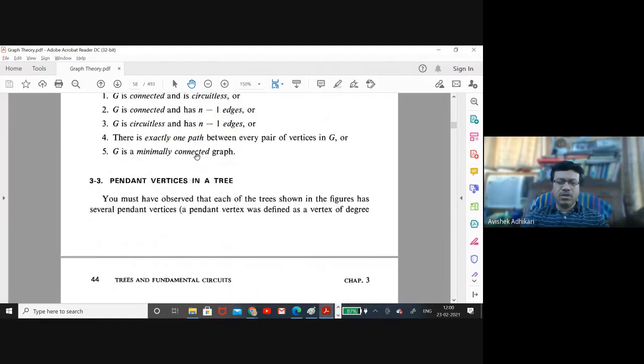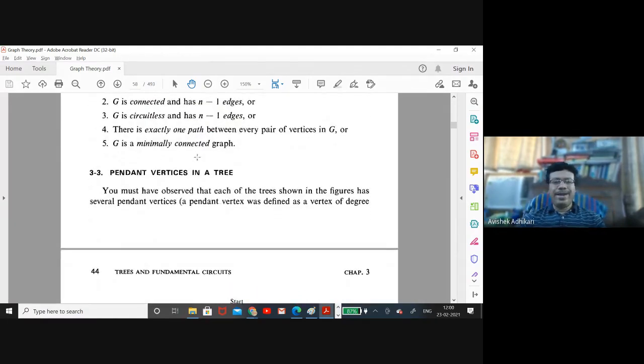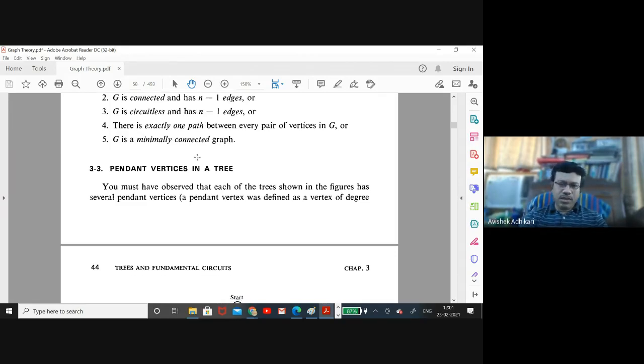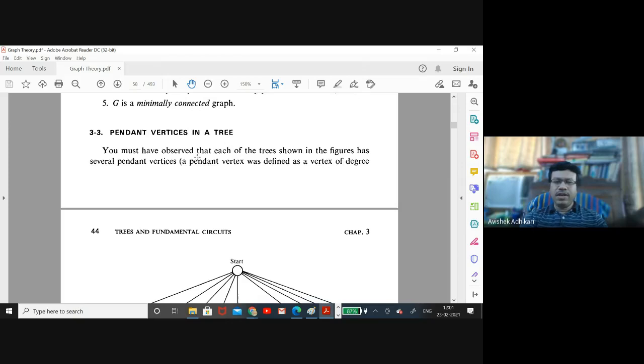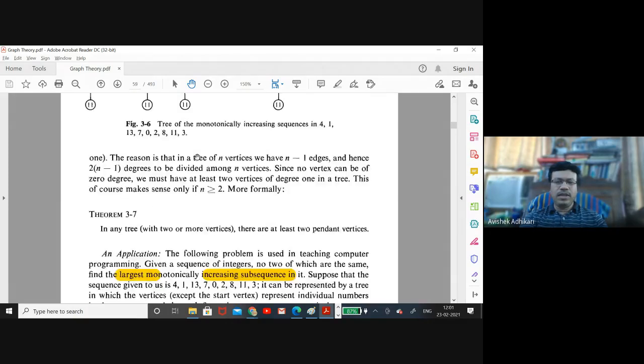There is another concept called pendant vertices in a tree. What do we mean by a pendant vertex? From the definition it's quite clear, these are the end vertices. You must have observed that each of the trees shown in the figure has several pendant vertices. A pendant vertex was defined as a vertex of degree 1.